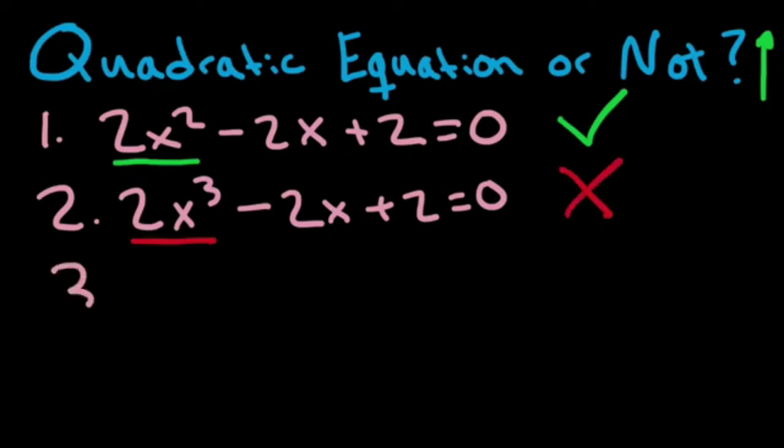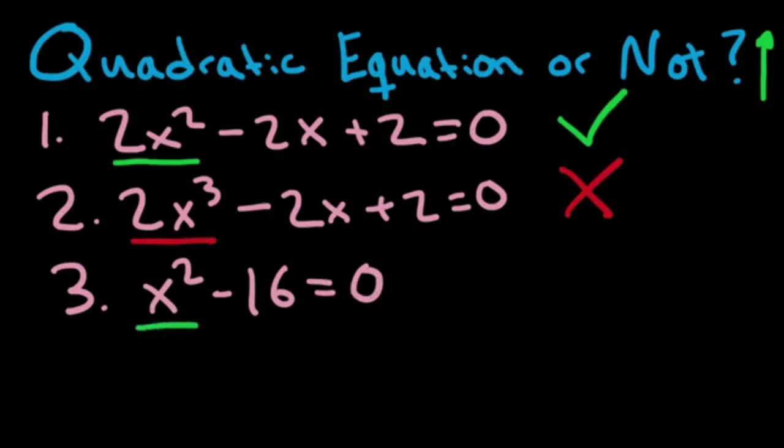Let's take a look at another one here. We could, for example, have x squared minus 16 is equal to 0. All right, is this one a quadratic equation? Well, we can see here that we have x squared, so we have a variable to the power of 2, or to the second degree, so that's very good.